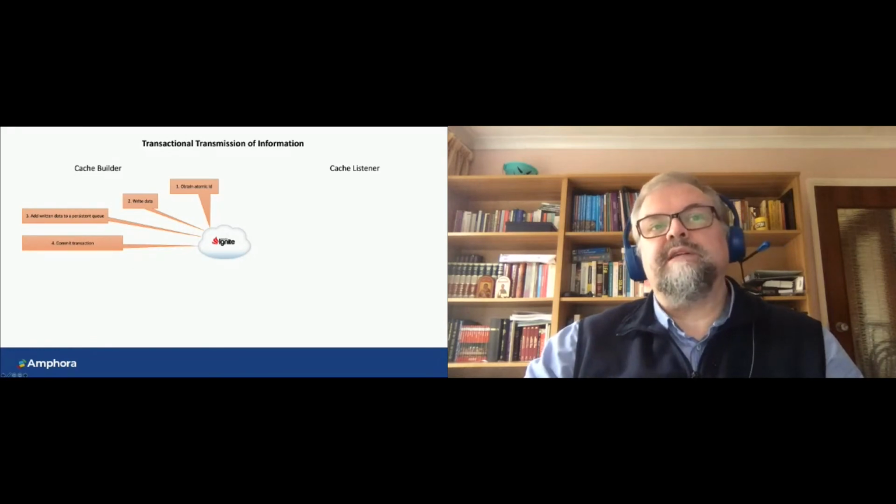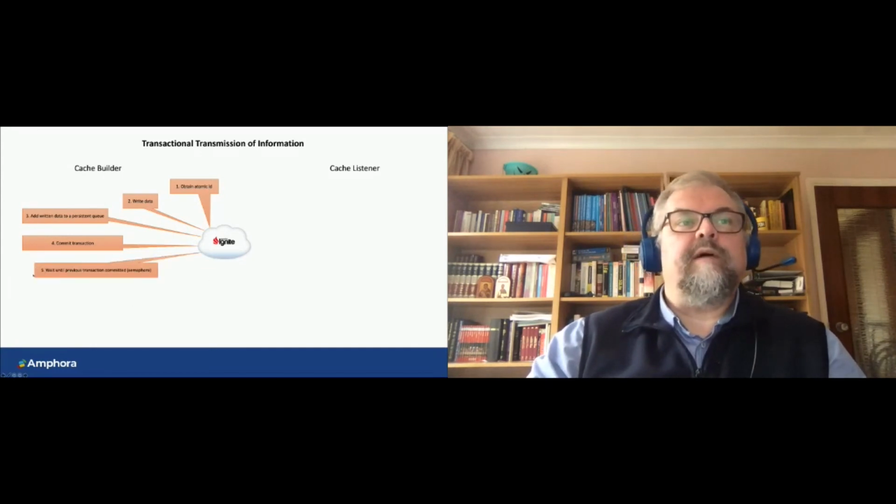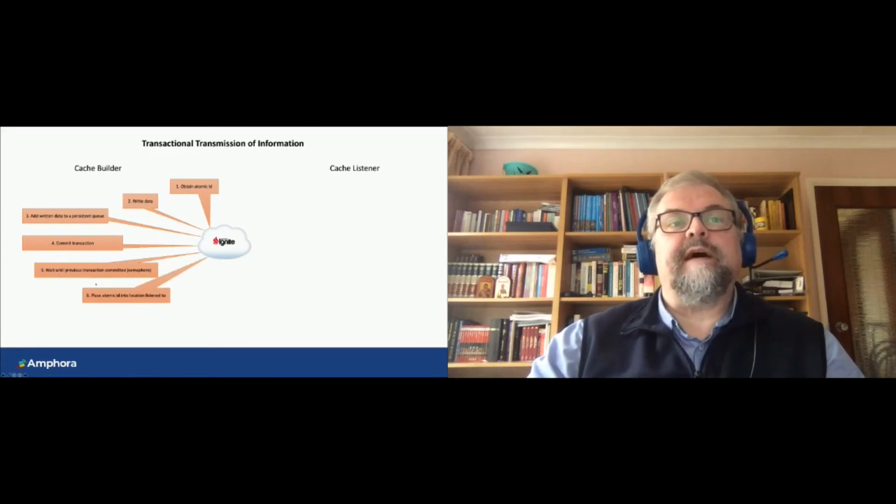So once the data is written into the caches, the data also makes its way into the persistent queue. Now, the transaction waits on a certain semaphore, and then it places the atomic ID into a location that is being listened to by the listener as a continuous query, and then it signals the semaphore.